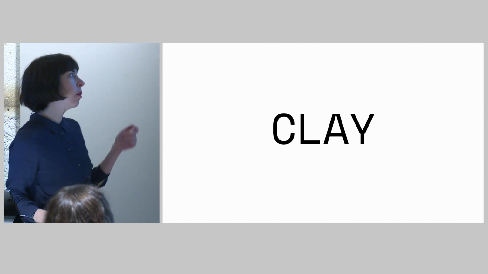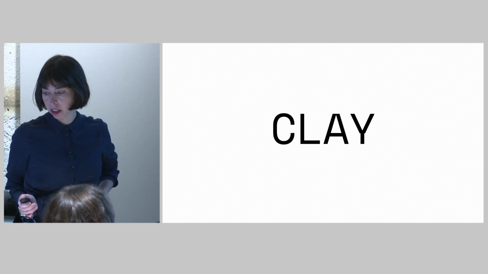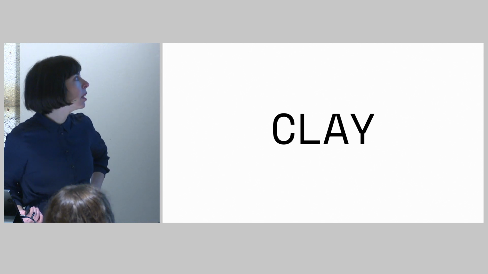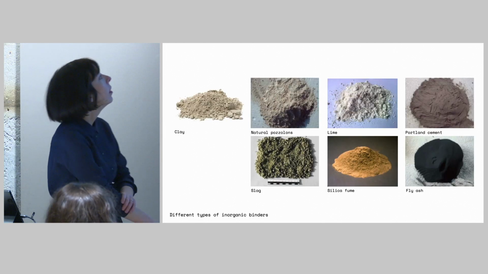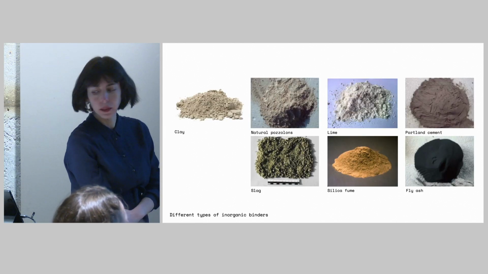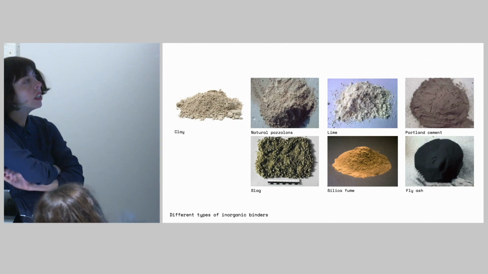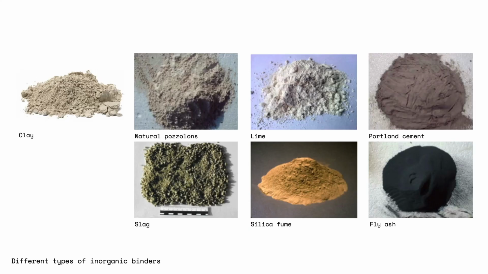When we talk about building with earth, we're really talking about using clay as a binder. And when we think about clay, it's really not very different from other binders, or other composites, in the sense that we're always working with a matrix.